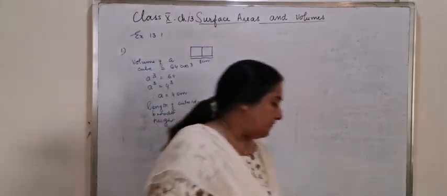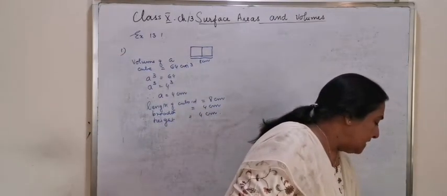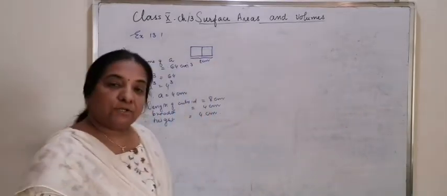The question is to find the surface area of the resulting cuboid.